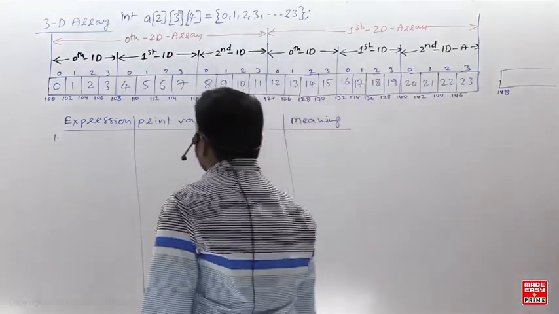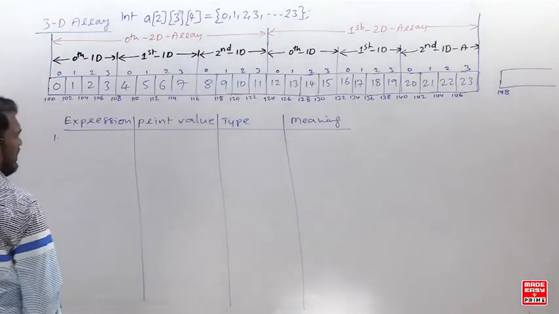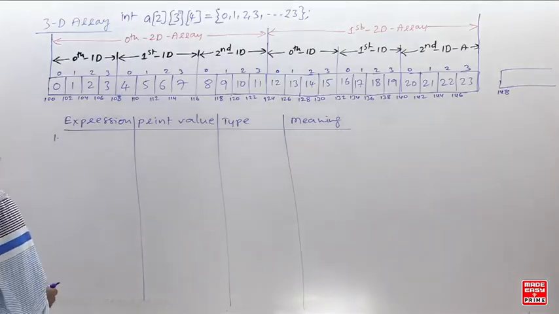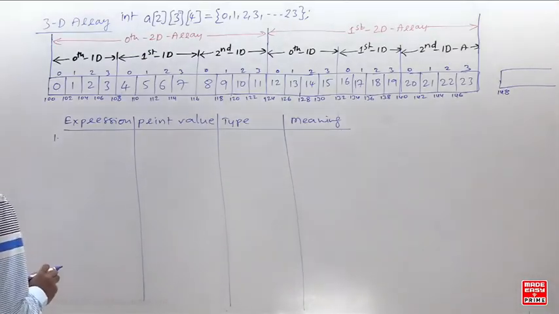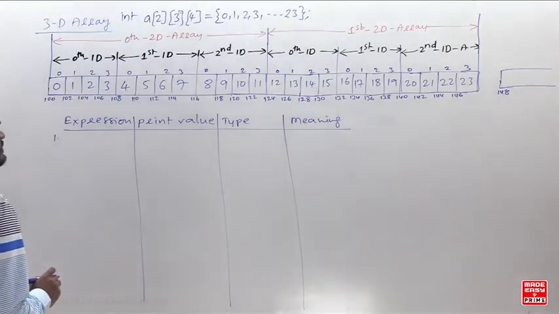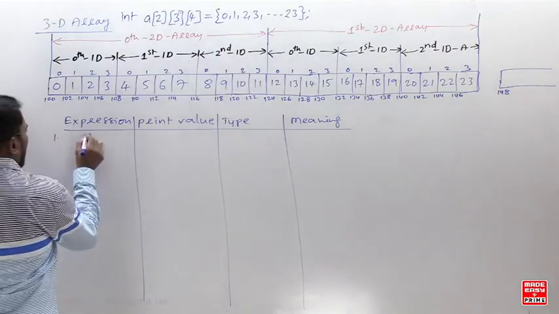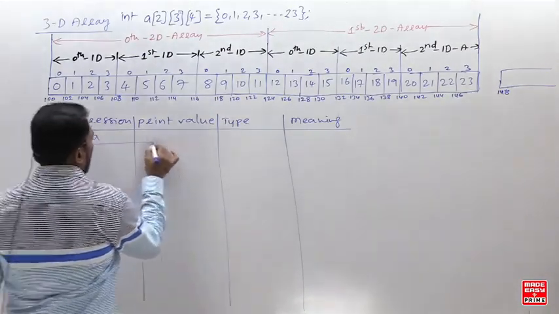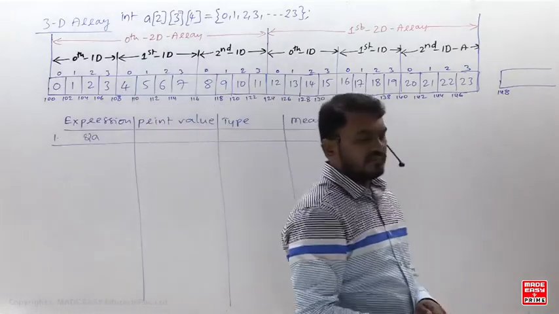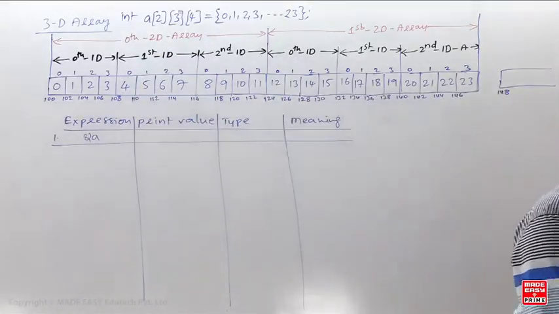So think carefully and answer. Expression: print value, type and meaning. Now the first one, on the screen, ampersand A. I think all of you revised yesterday's notes.